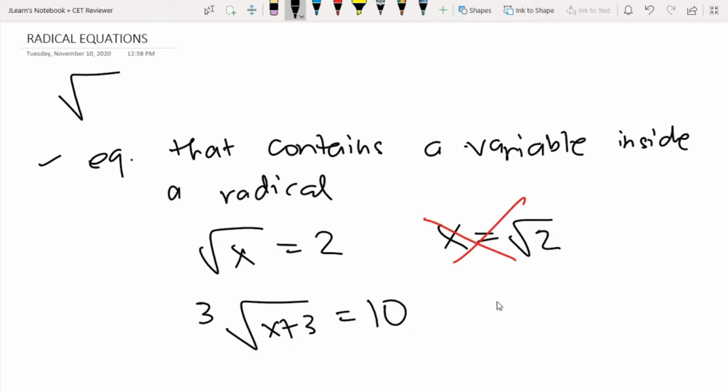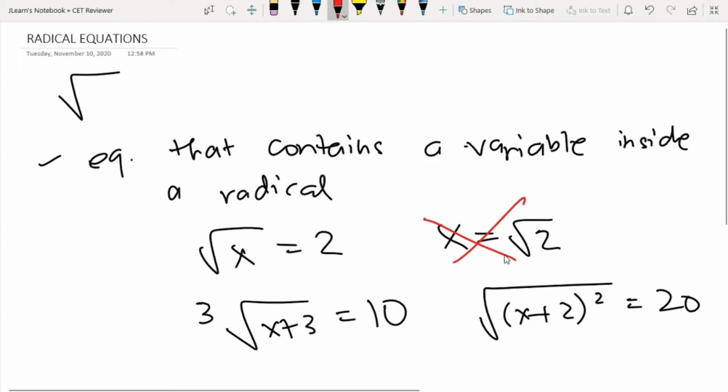Yan, radical equation yan. Then again, kunyari, we say square root ng (x plus 2) squared is equal to 20. Ito ay also hindi isang radical equation. Okay? Kasi kapag sinimplify natin yung (x plus 2) squared, then square root nun, that becomes just x plus 2, then magiging equal to 20, and we can easily solve that.